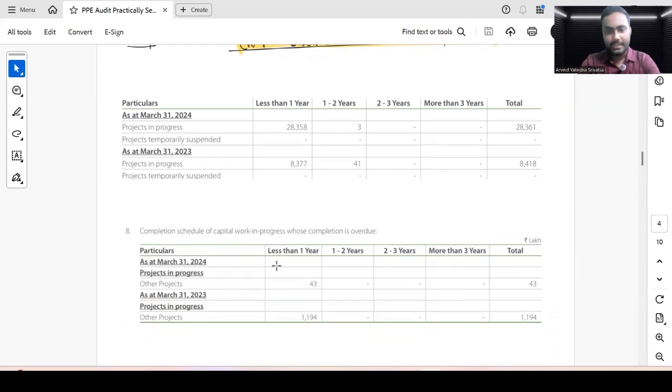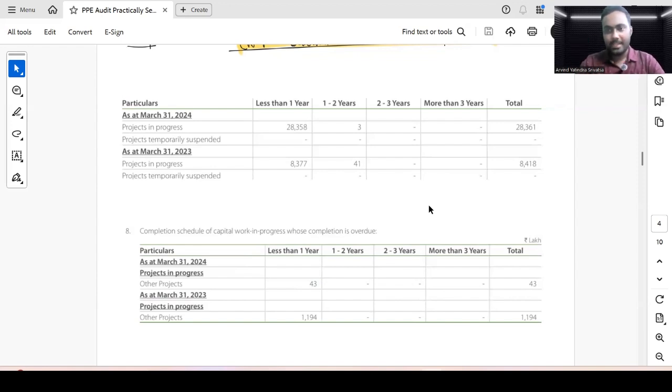So what they are saying is, let's say you expected to complete a project today, but even after 7 months the project is not yet completed. In such a scenario, this would be under less than 1 year bucket. In the sense, how we would be computing is, we would be getting a schedule from the client as to what is the date of completion for a particular project which the client initially expected, as against the date of March 31.